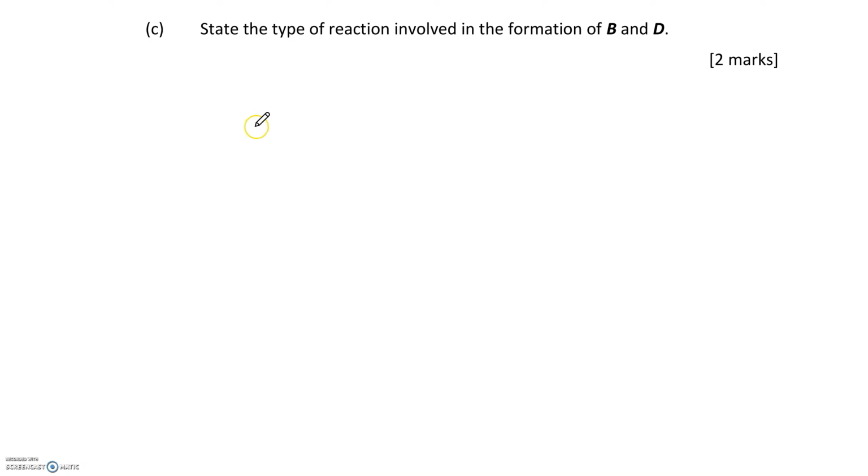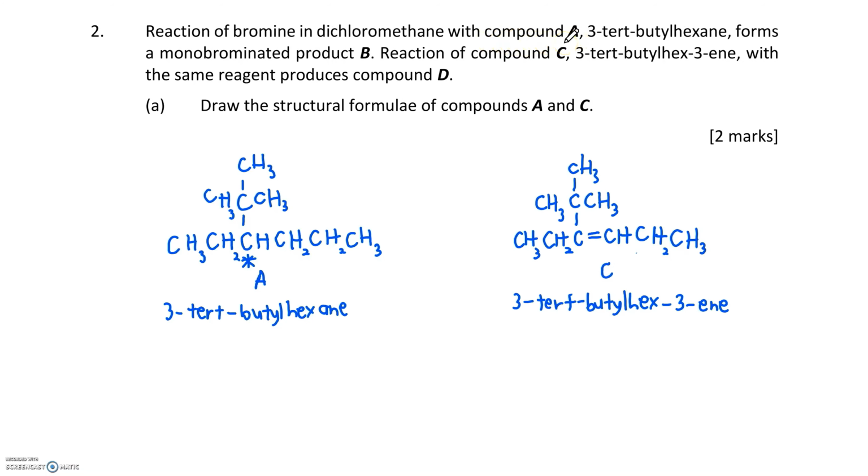2c, we are asked to state the type of reaction involved in the formation of B and D. Compound A, which is an alkane, forms a monobrominated product B, meaning that the type of reaction must be a free radical substitution reaction. Compound C, which is an alkene with a carbon-carbon double bond, reacts with the same reagent.